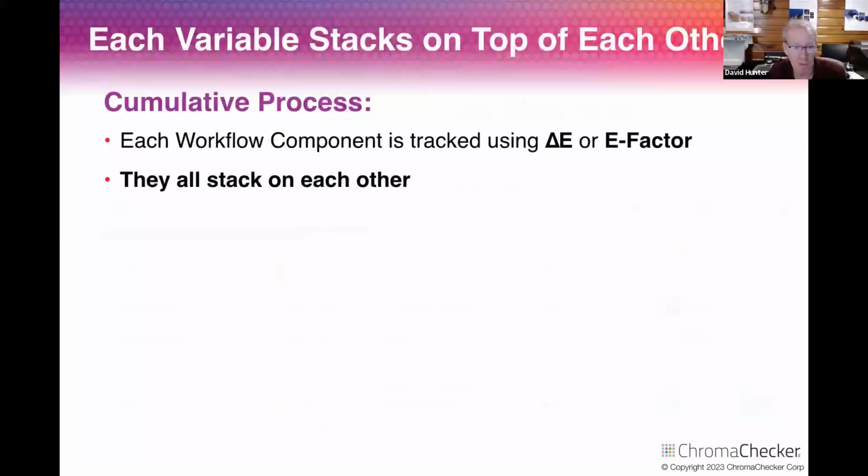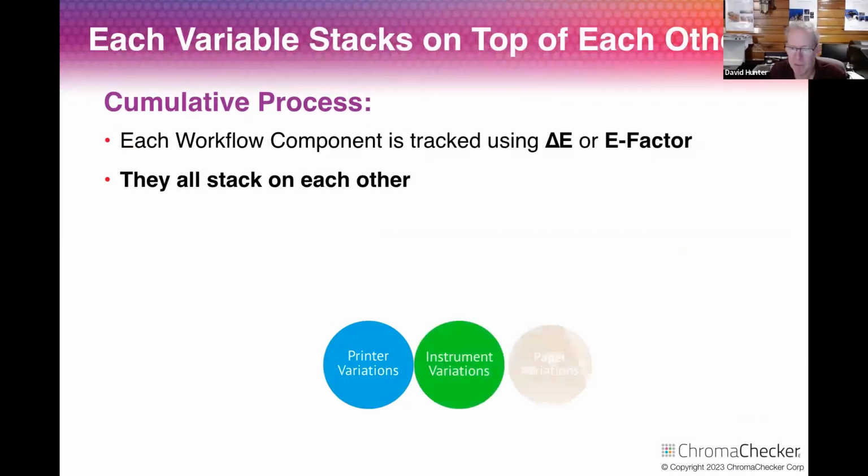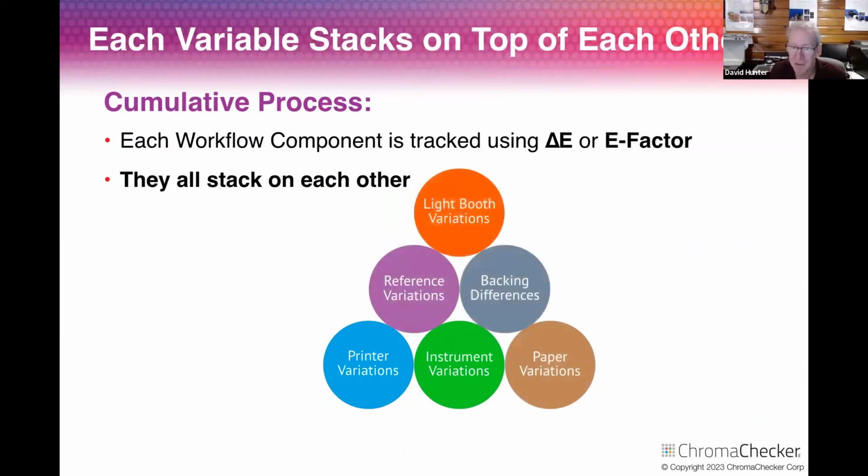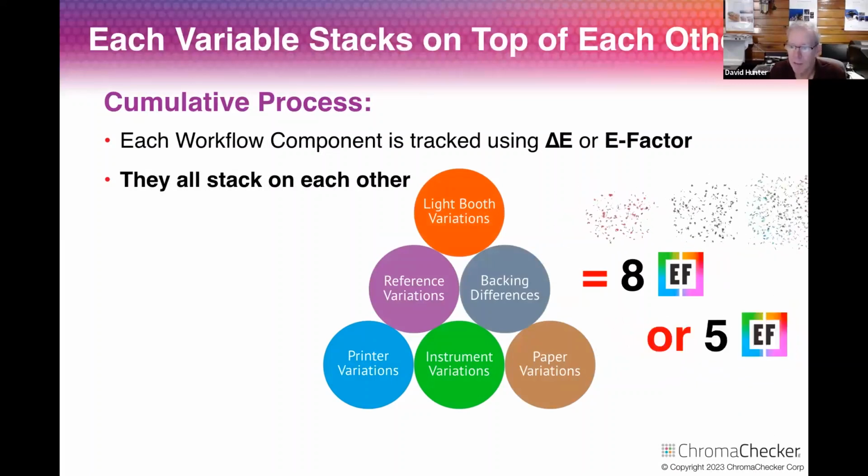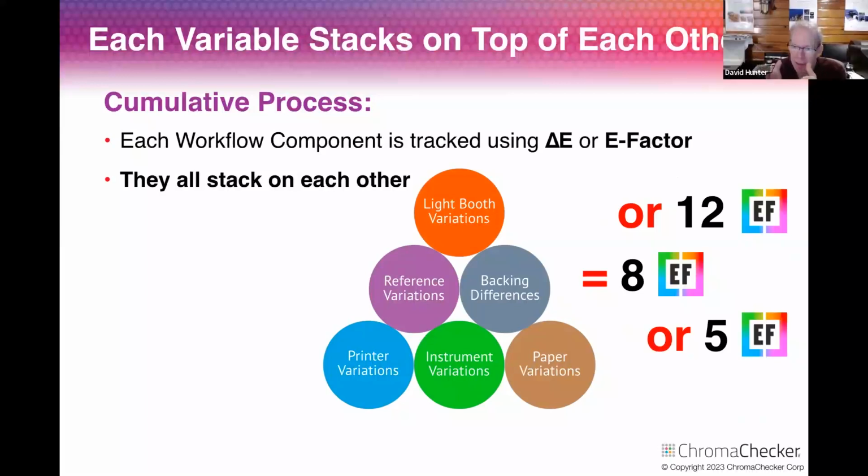a sellable condition. And hopefully, based on this presentation, you're learning this is a cumulative process, in that printer variations, instrument variations, paper variations, reference variations, backing differences, light booth variations, all contribute to what level of E factor or what level of quality you can expect to deliver as a company.